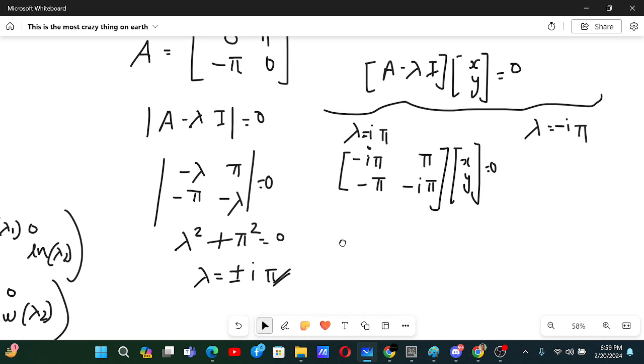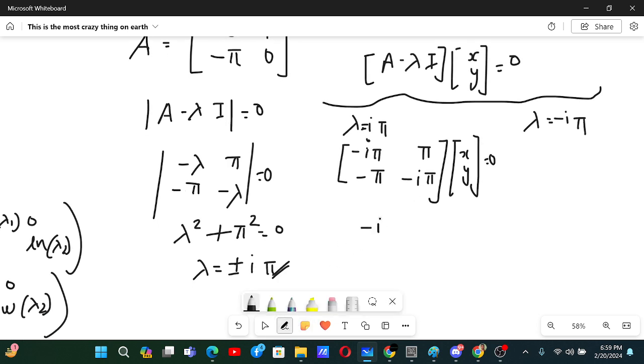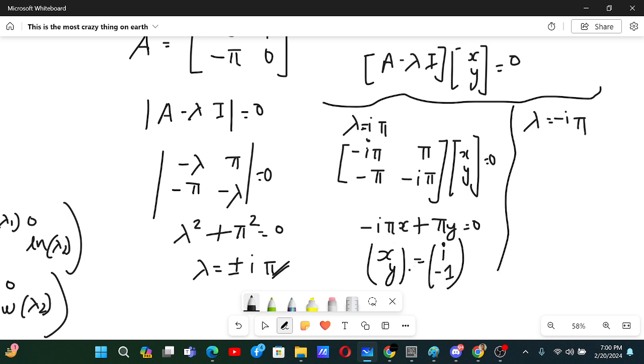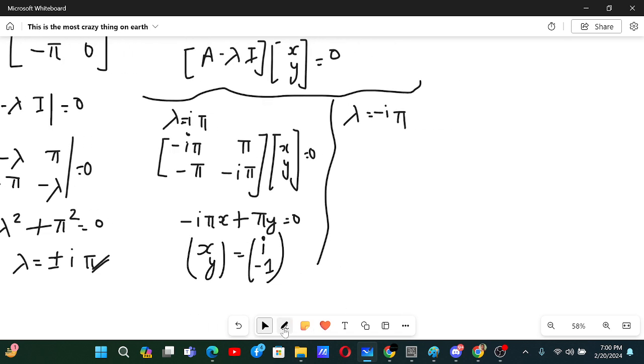Now if you multiply, minus i pi x plus pi y equals 0. The other equation will also give the same answer, so we can just deal with one equation. Now one of the solutions for (x, y) is, if we take x as i, this will just be pi only and minus 1. You can take any other vector as well, any eigenvector will work.